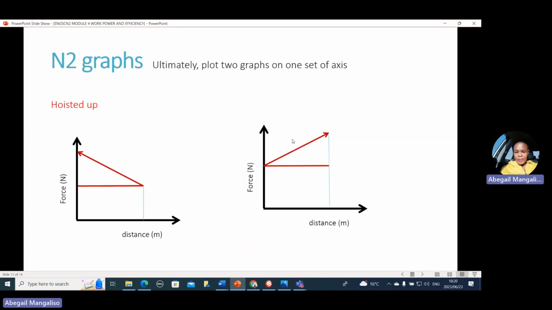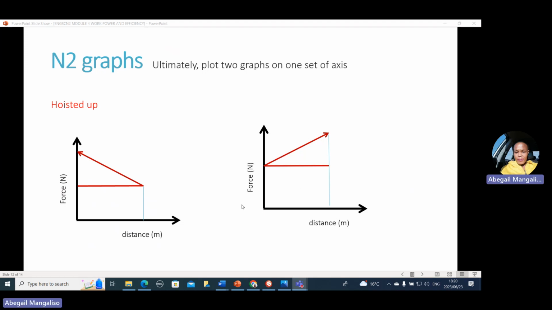The next slide will be the combination of the two. We can have a graph that combines a cable and an object that is not changing its weight, or an object with constant weight. So if it's being hoisted up, the object is represented by a horizontal graph, but the cable or chain will get shorter as you hoist it up.